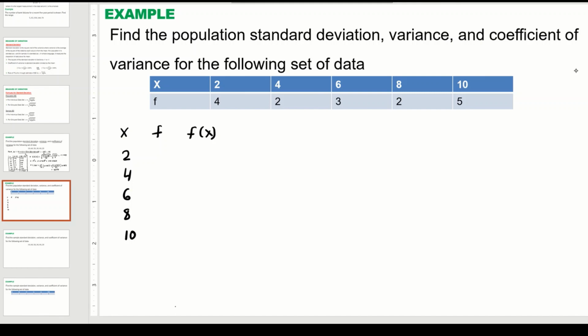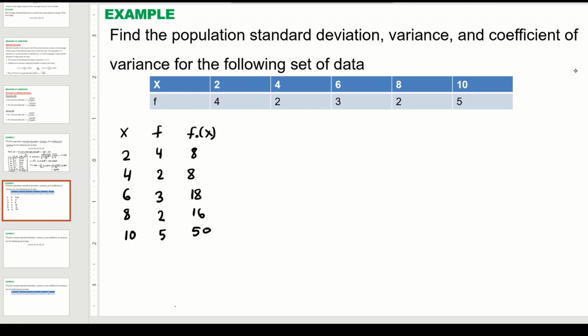F is 4, 2, 3, 2, 5. Now let's find f times x, which is 2 times 4, that is 8. 4 times 2, 8. 6 times 3, 18. 8 times 2, 16. 10 times 5, 50.